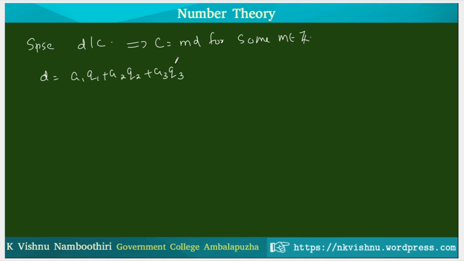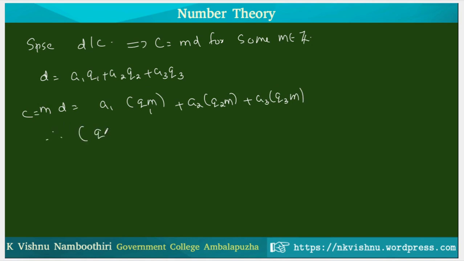This is known to us. Therefore, c equal to m times D, that is equal to a1 q1 m plus a2 q2 m plus a3 q3 m, and therefore this is equal to c.